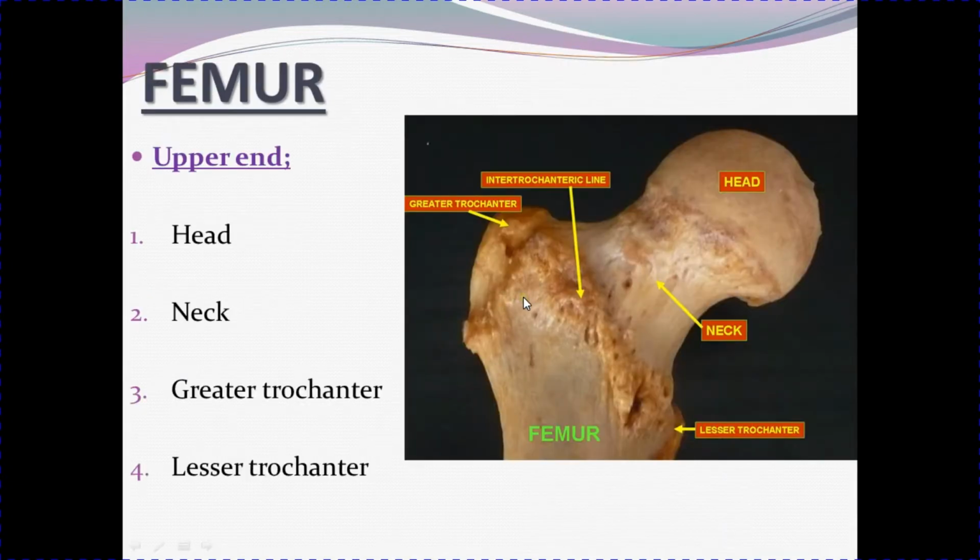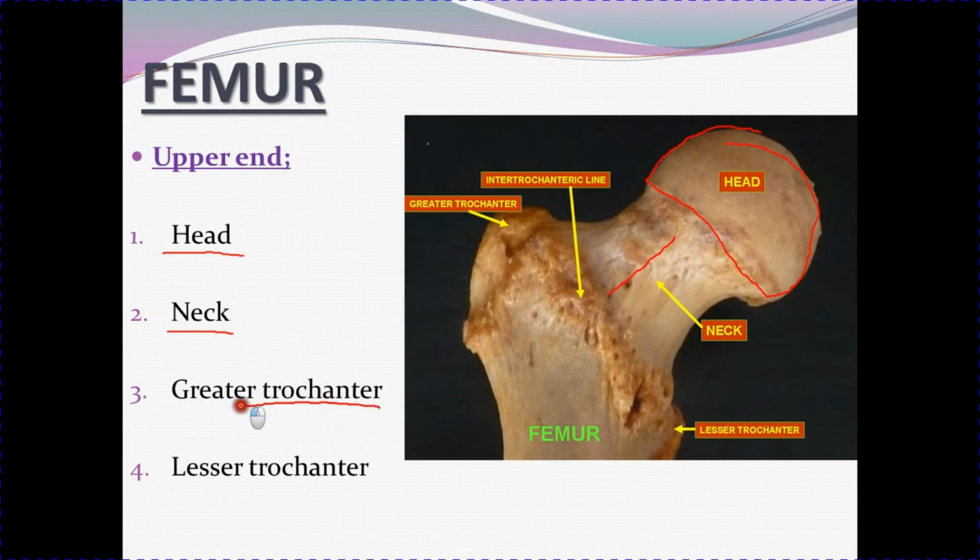The upper end of the femur has a head, which you can see in the figure. This part of the femur is called the head. It has a constricted part just below the head, which is called the neck of femur.